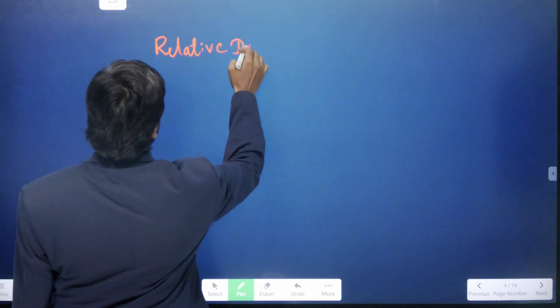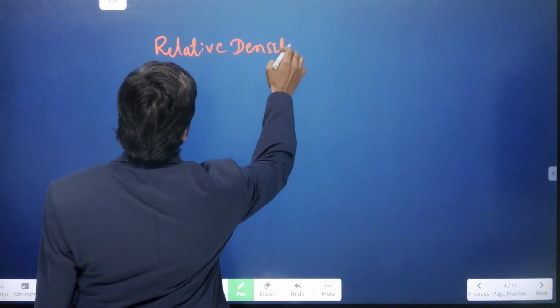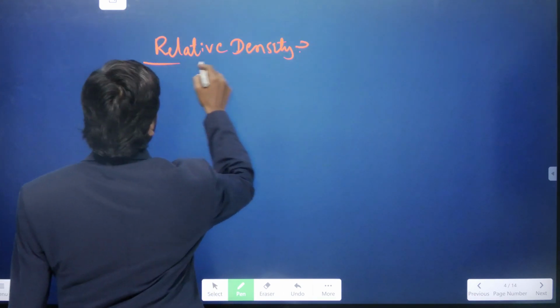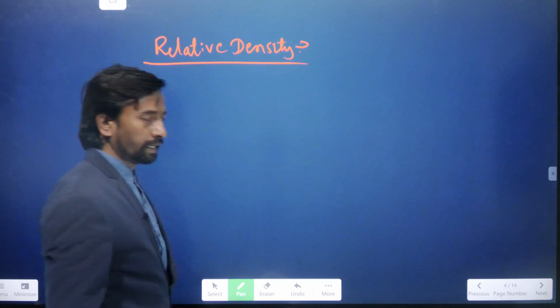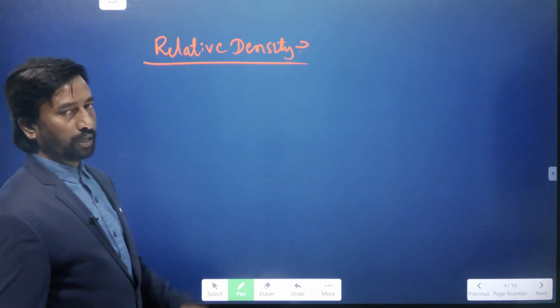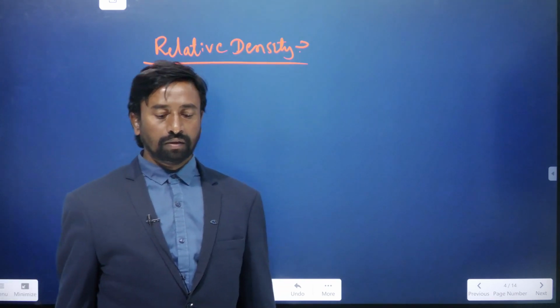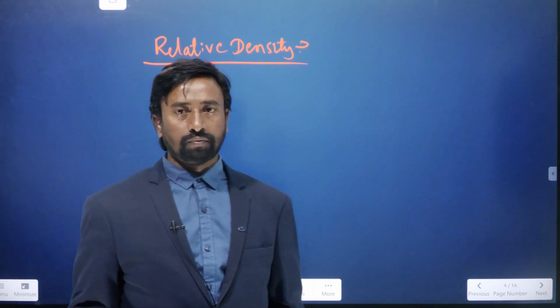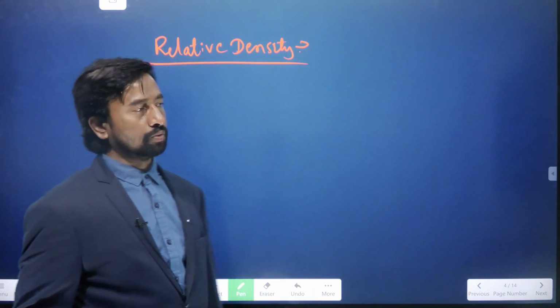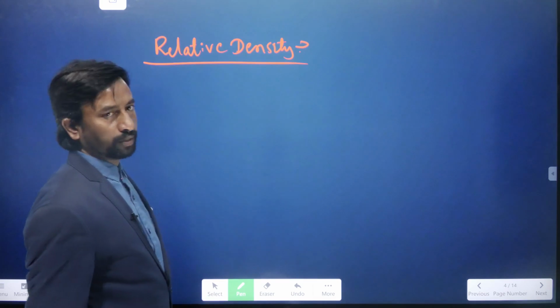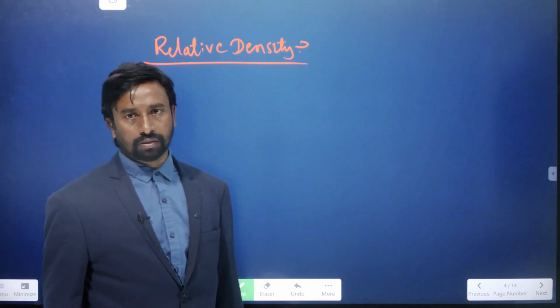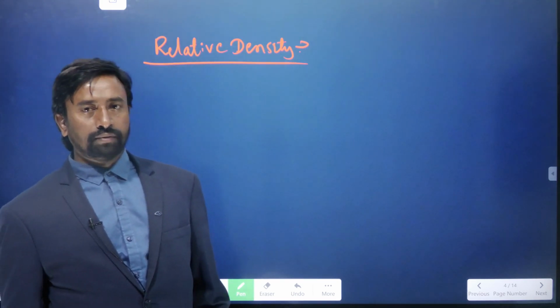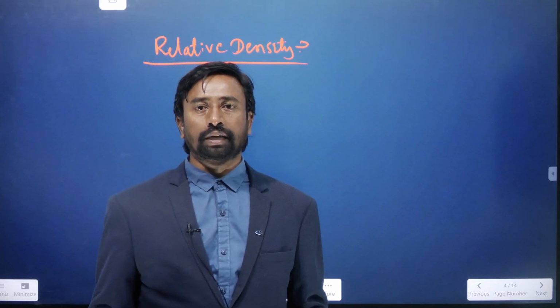Relative gives the relation, a comparison of the density of one object to the density of another. Relative density is the ratio of the density of a substance to the density of water at 4 degrees Celsius.